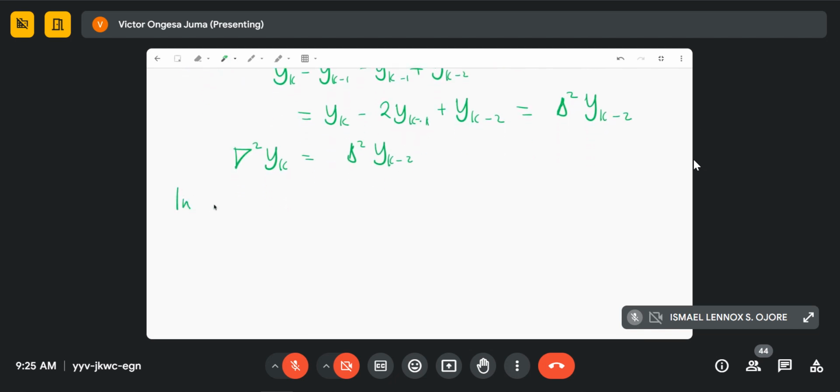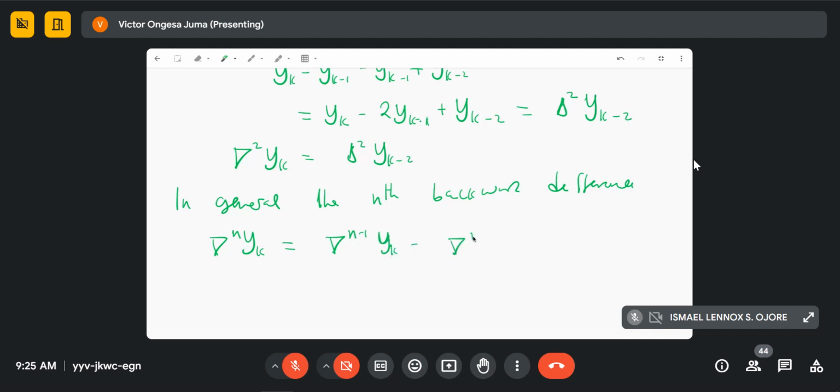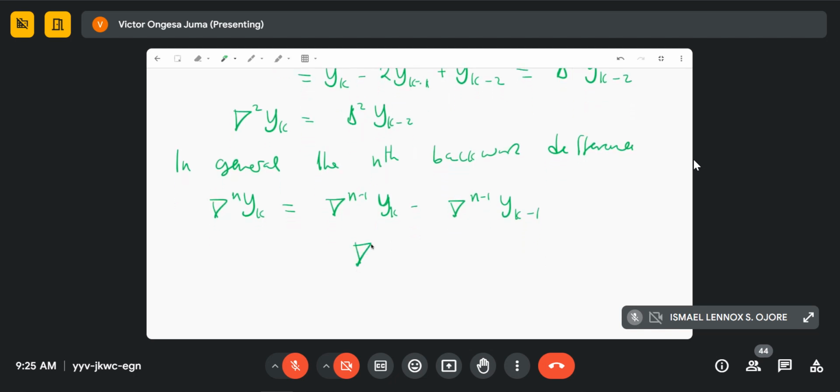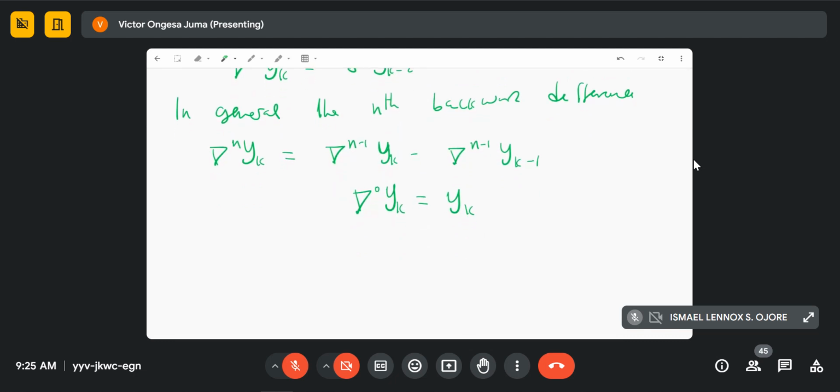So you can now say that in general, the nth backward difference of yk is the backward difference of the (n minus 1)th backward difference of yk, given that the index 0 is the same value; we are just sticking at that value.